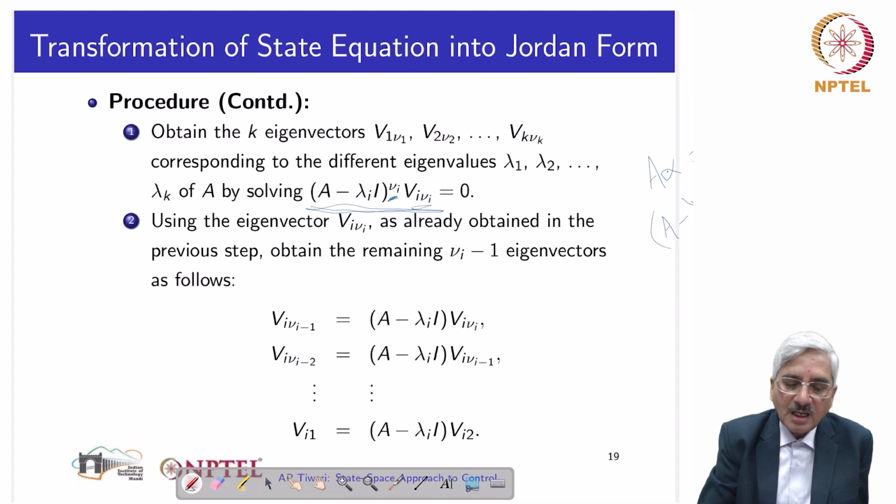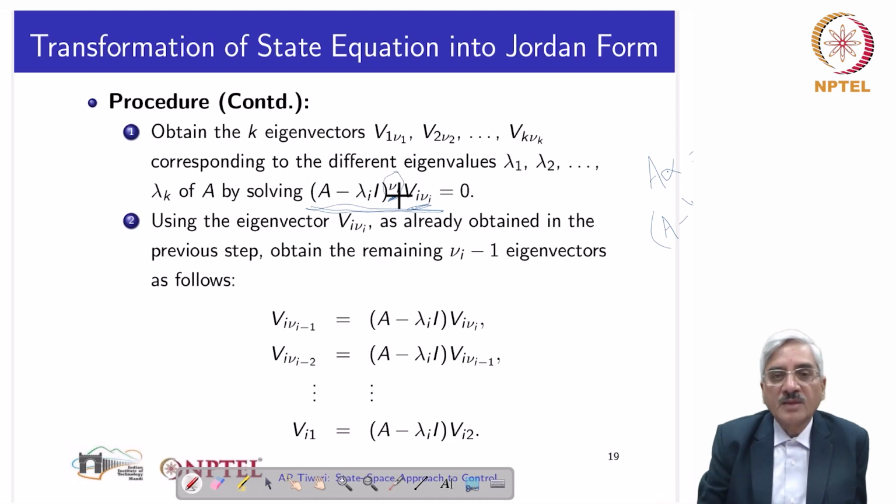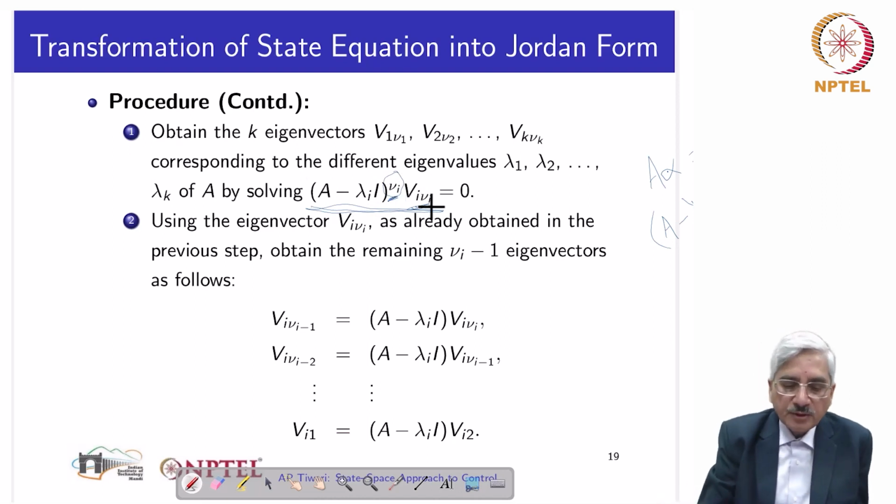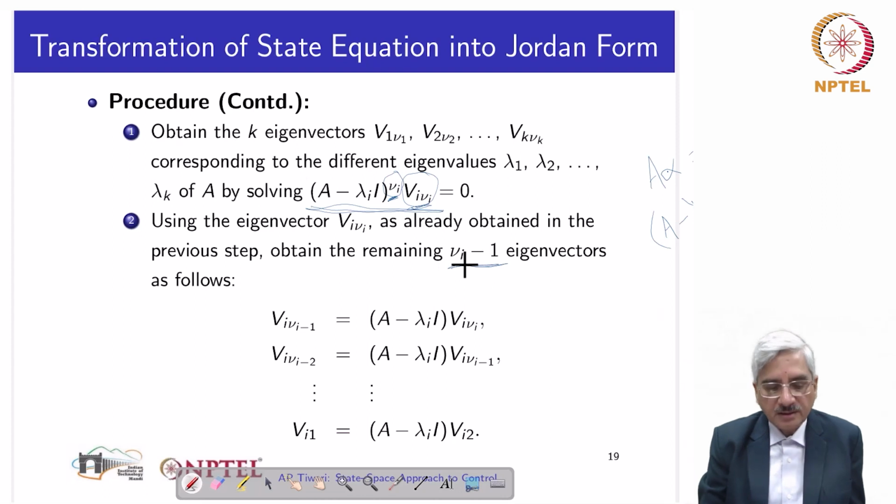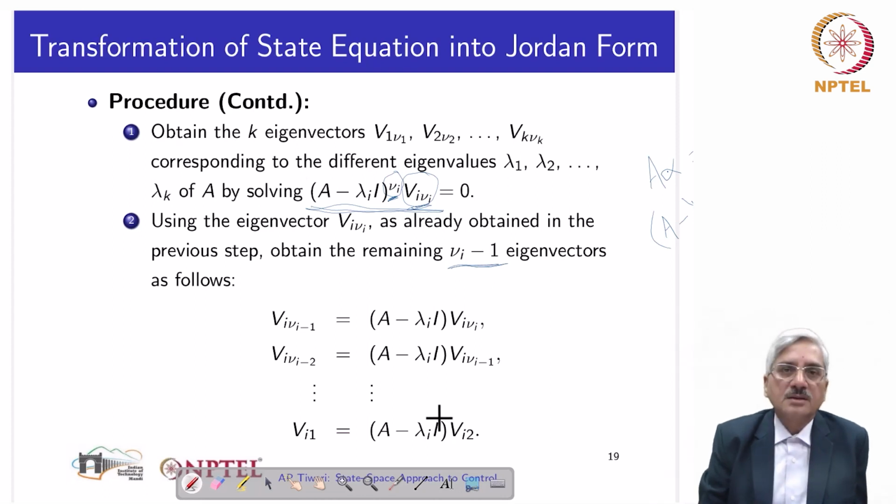We are solving for the last one first by setting up (A minus lambda I) to the power nu i times Vi nu i equal to 0. Once we solve for this, we obtain the remaining nu i minus 1 eigenvectors successively. This is a chain of eigenvectors obtained from this one.